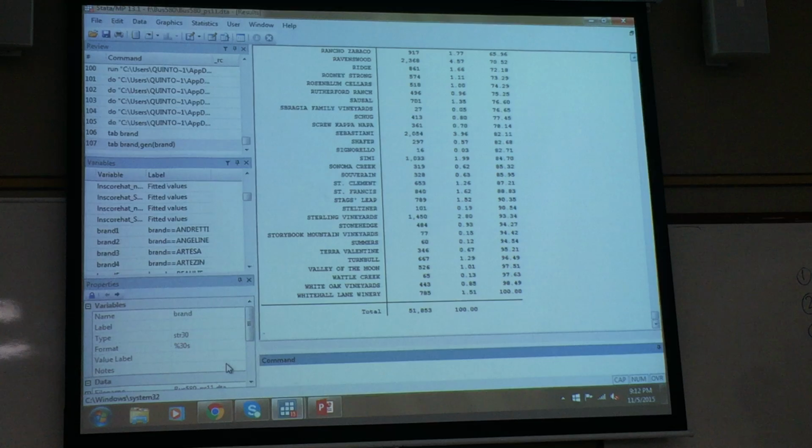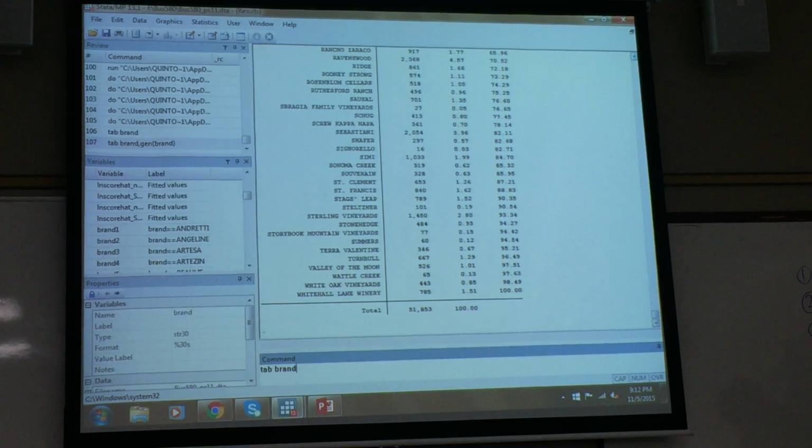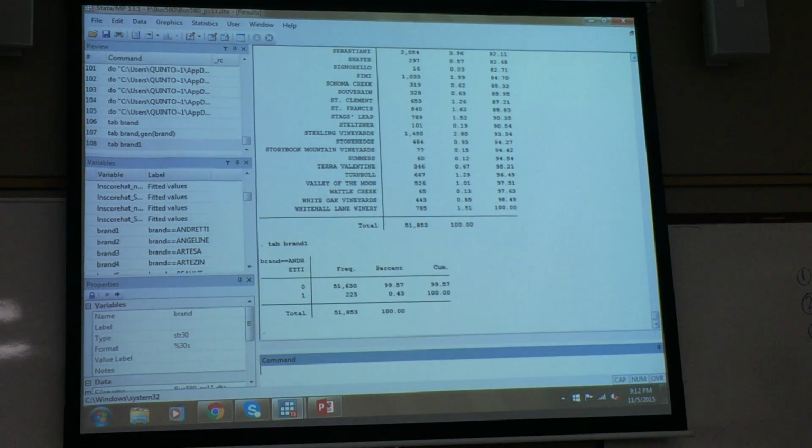So if I tab brand1, it's going to be a 0-1 dummy, and it tells you what it's for. Very cool. So it saved our carpals from tunneling. And that's bad. Well, saving us is good.